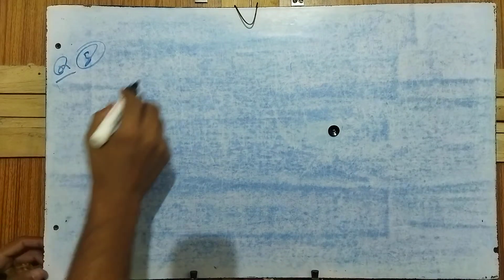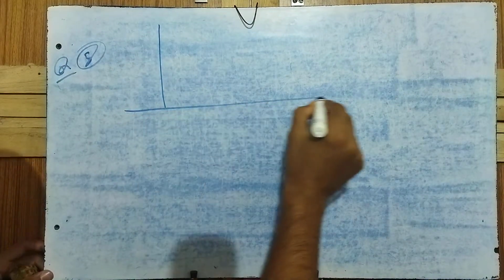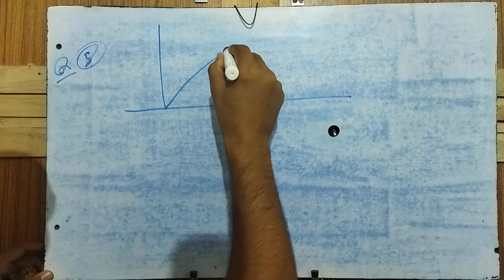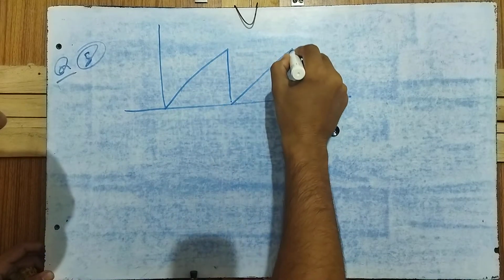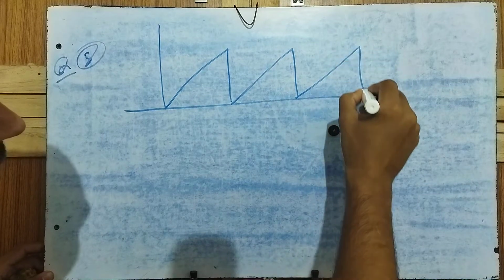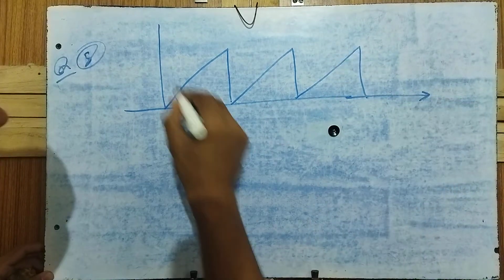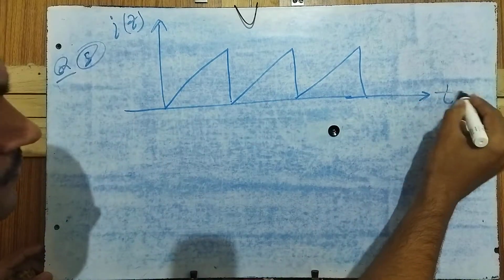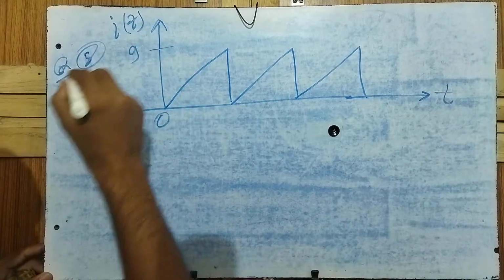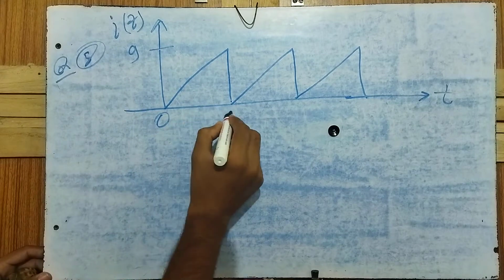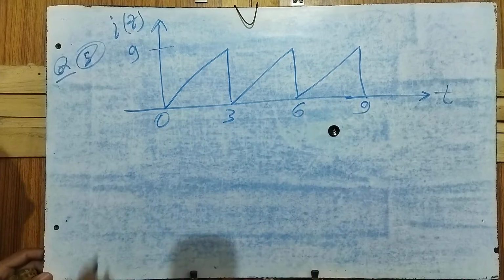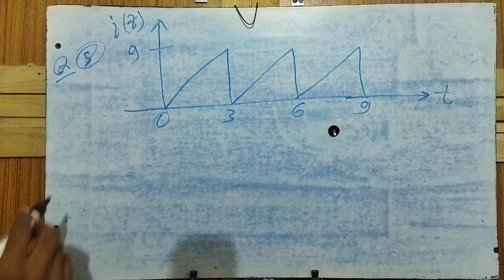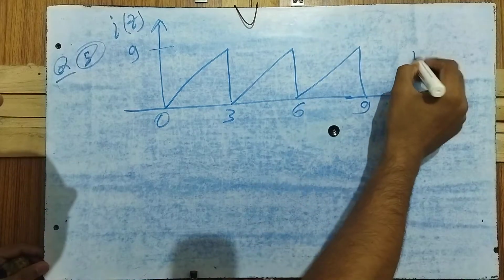If a current is given in the form of a waveform, with values 9 and 3, 6, 9, what will be the power P?